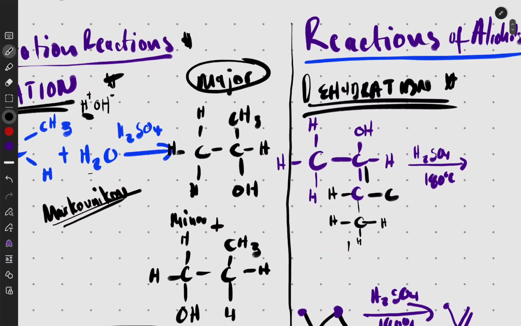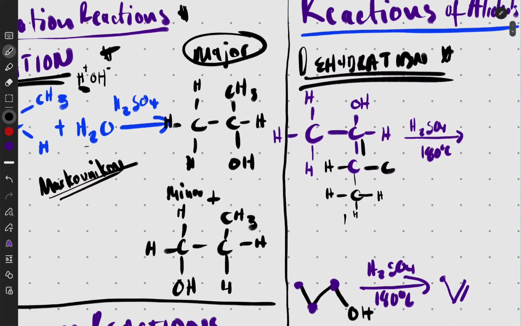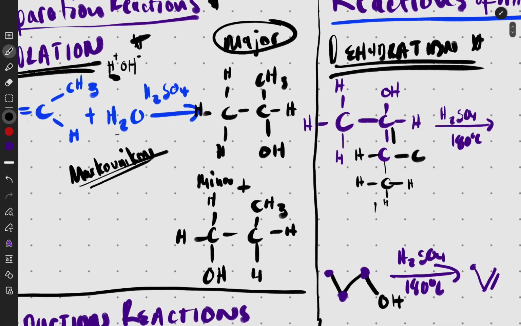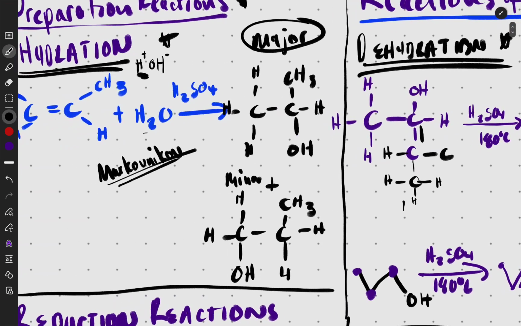Now on dehydration, we don't use Markovnikov, no. You must know about other things we do here, like when you want to add HBr. Remember that we add water like this in hydration, or we can add HBr, and again the same thing happens.